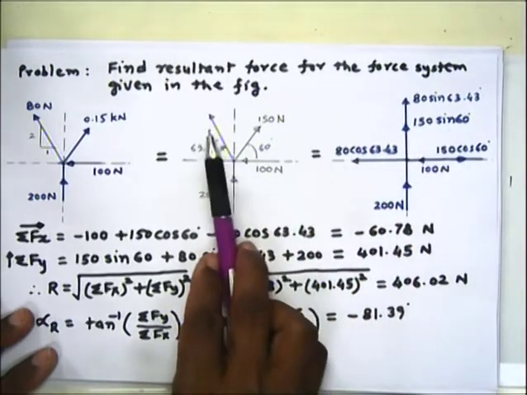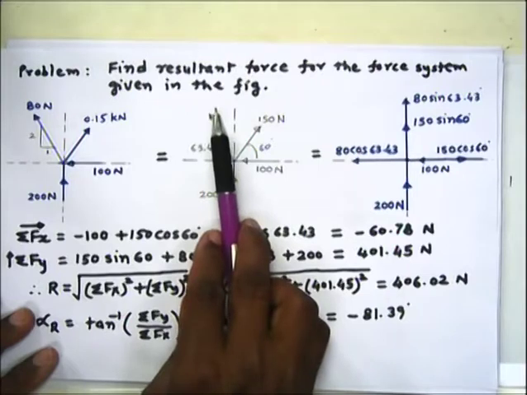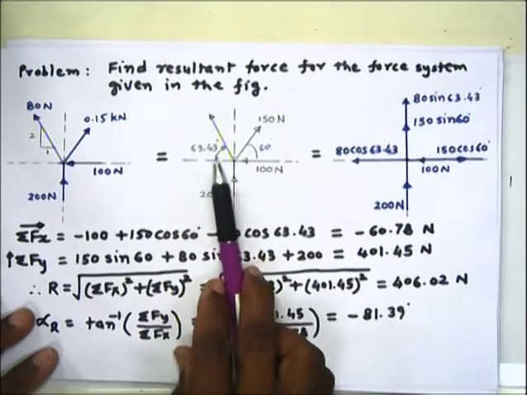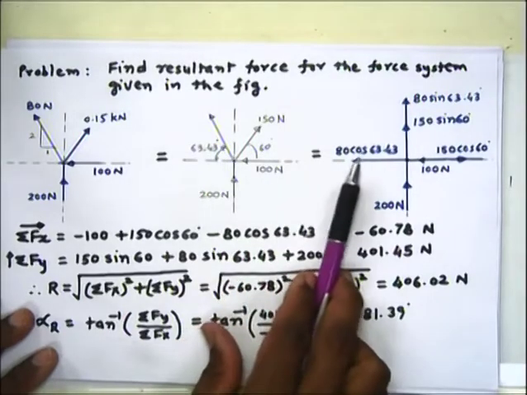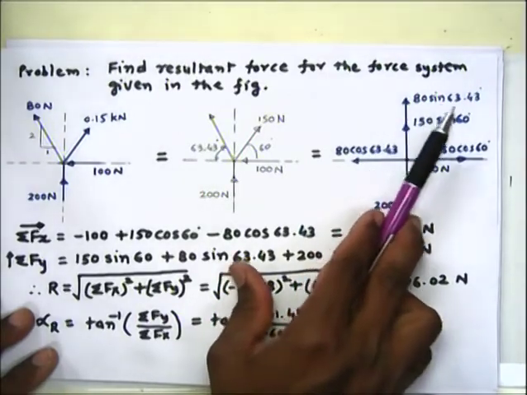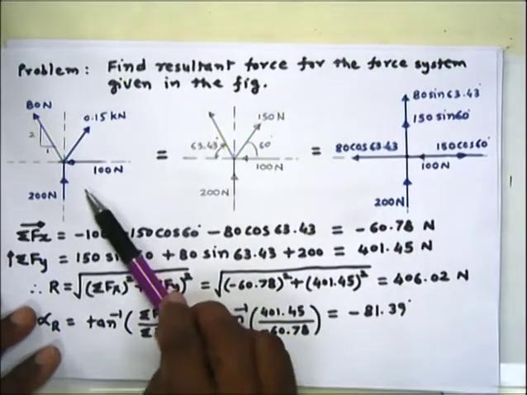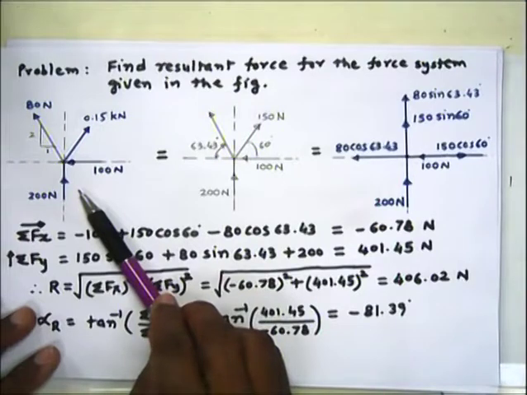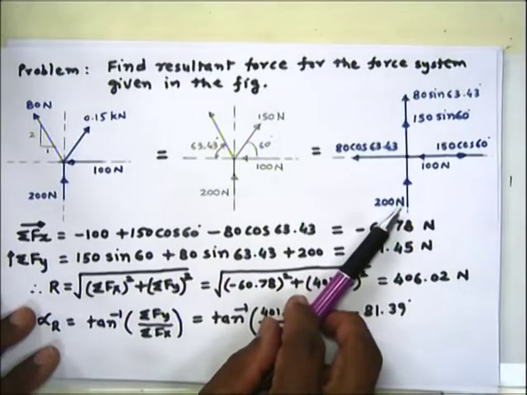Then the resolved components of this 80 Newton force, with angle 63.43, are: cos component along x is 80 cos 63.43, and sin component is 80 sin 63.43. And the fourth force, which is already vertically upward, is shown in full here, 200 Newton.